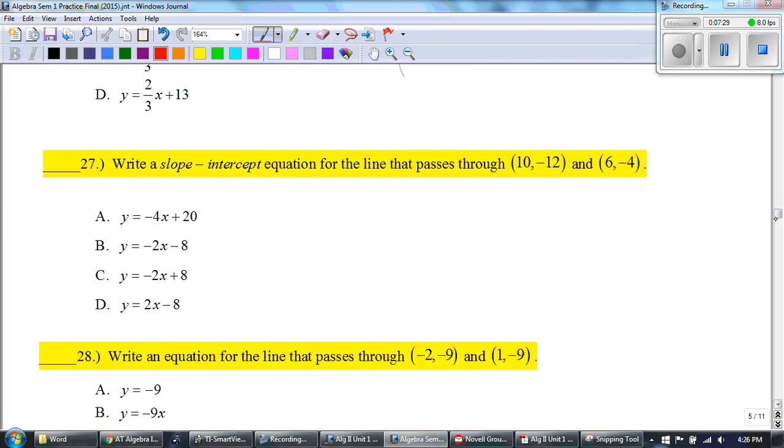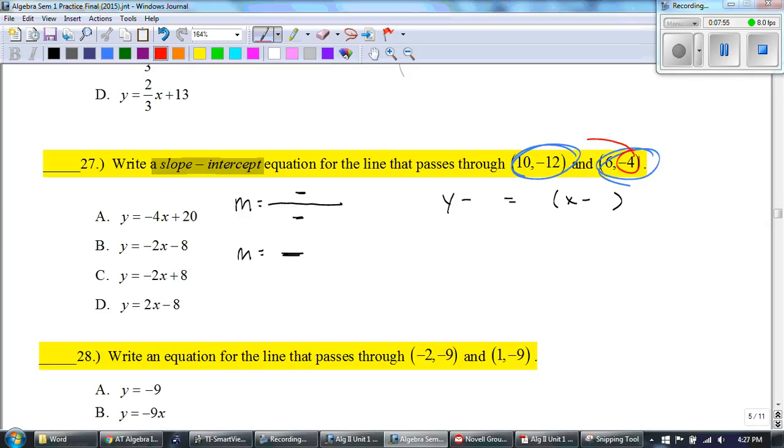All right, number 27. Write a slope-intercept equation. But now all they gave me was 2 points. So when they give us 2 points, the first thing we have to do is find out what the slope is. And then when we find the slope, we plug into point slope. Okay?